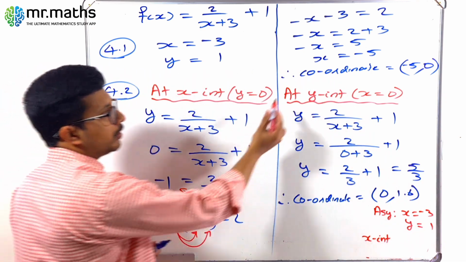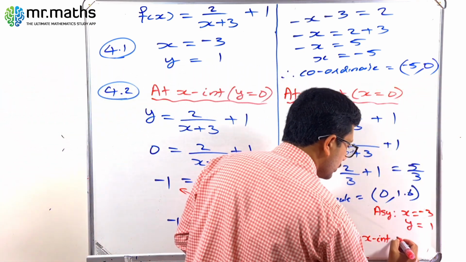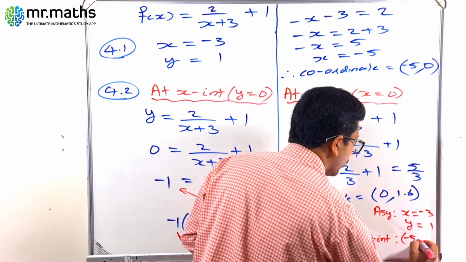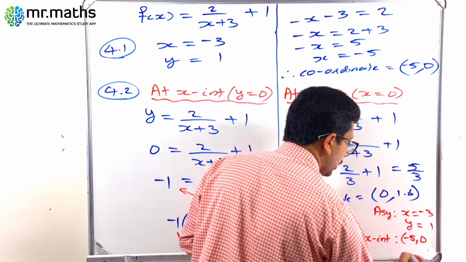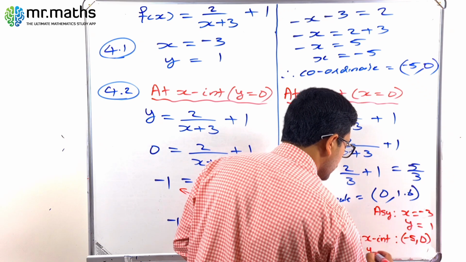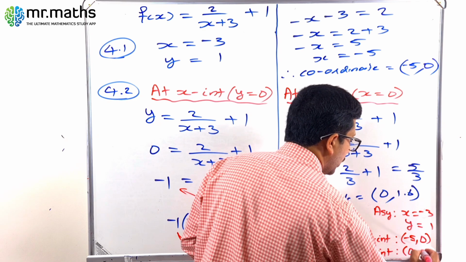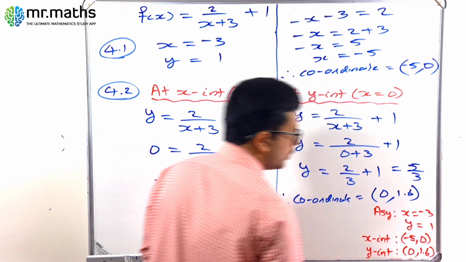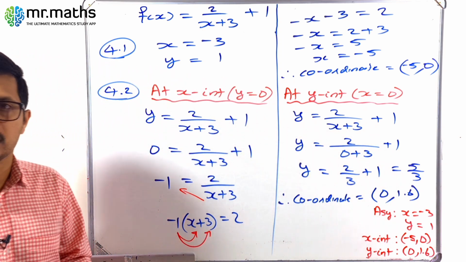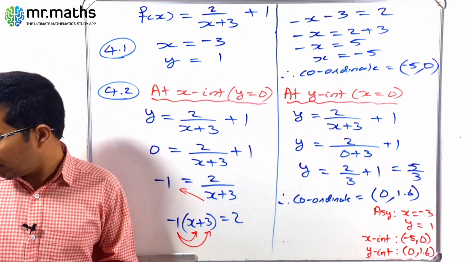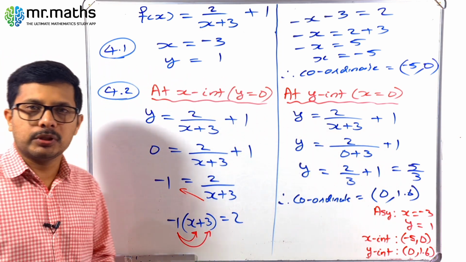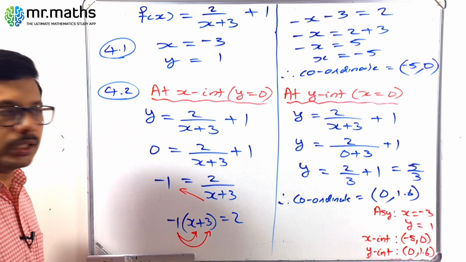Minus 5 comma 0. And the y-intercept: 0 comma 1.6. So those are the values that we got from 4.1 and 4.2. Okay, now let's move to the next question, number 4.3.